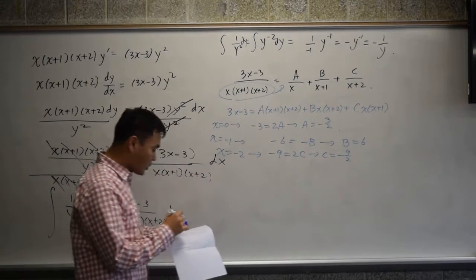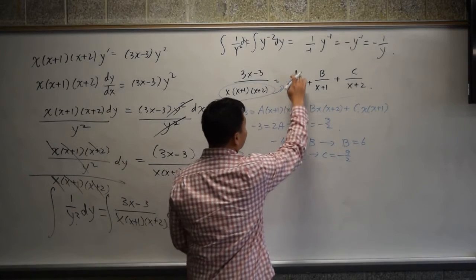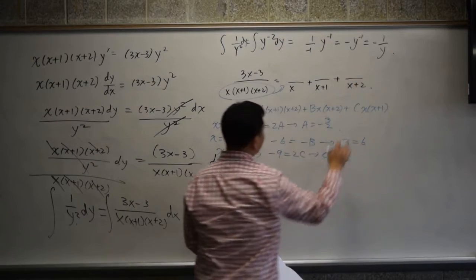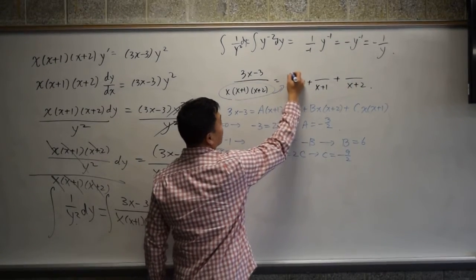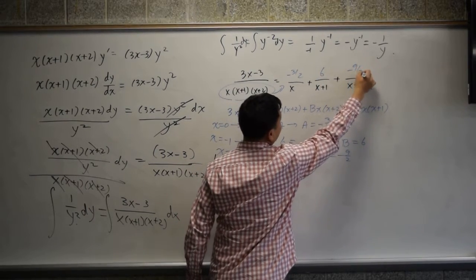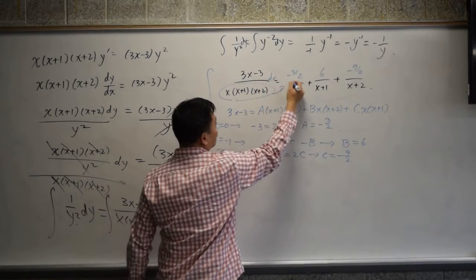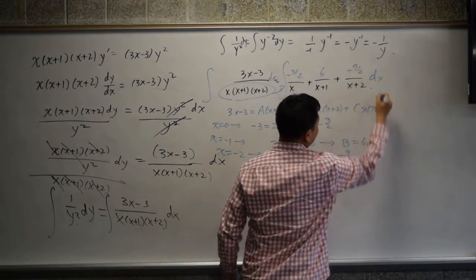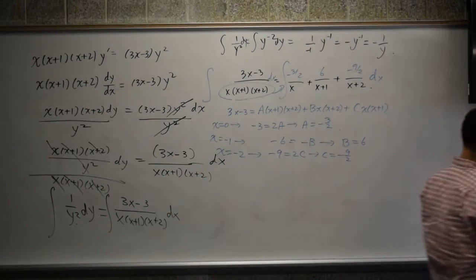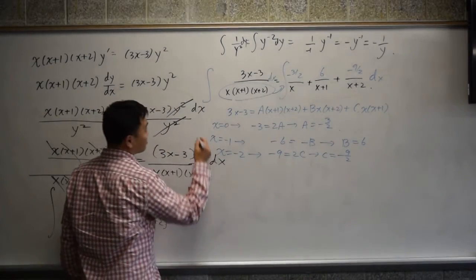Using those values, when you plug them back in here for A, B, C, you get negative 3 over 2, 6, and negative 9 over 2. And therefore, integrating this would be the same as integrating this. Integrating that's easier, right? Because 1 over x integrates to log of x.